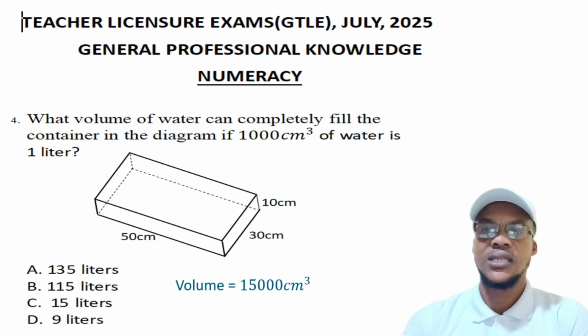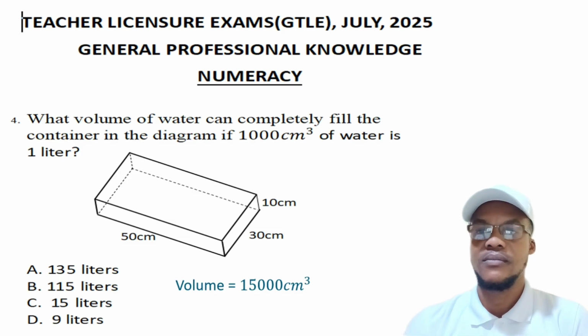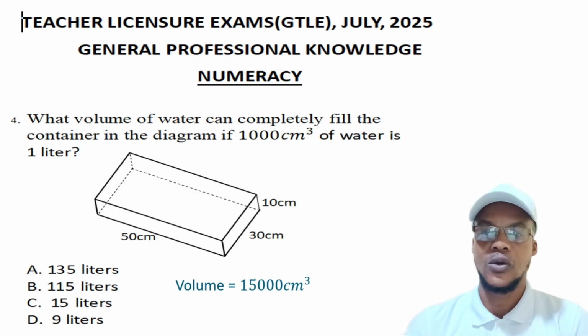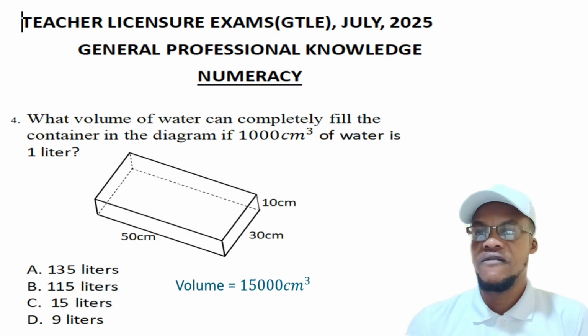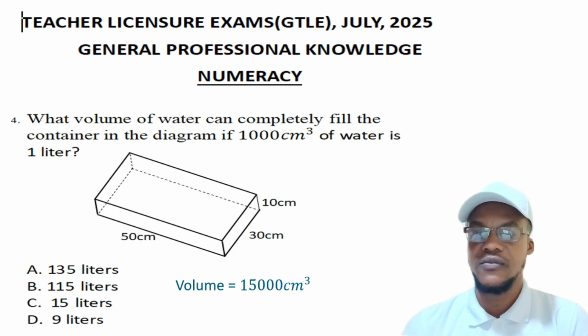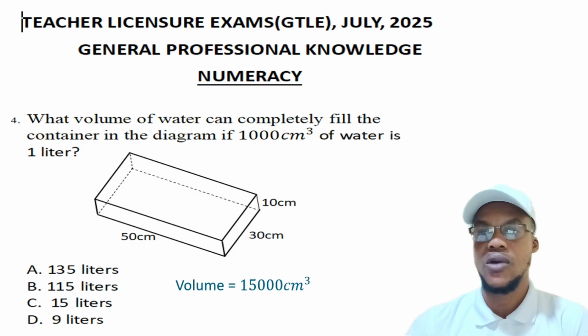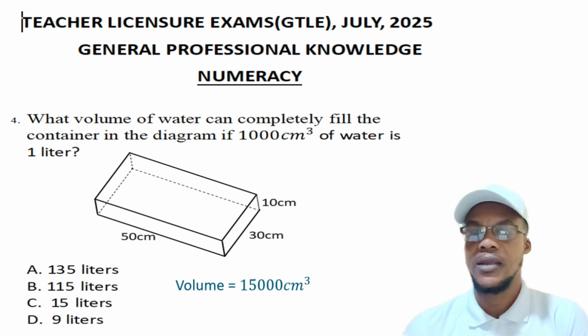But in the question, we are saying that if 1000 centimeters cube of water is equal to 1 liter, then what would be the volume? So it means that we must change from centimeters cube to liters. Every 1 liter is equal to 1000 centimeters cube, and since we have 15,000, it's just a matter of dividing the 15,000 centimeters cube by the 1000 centimeters cube and multiplying by 1 liter.